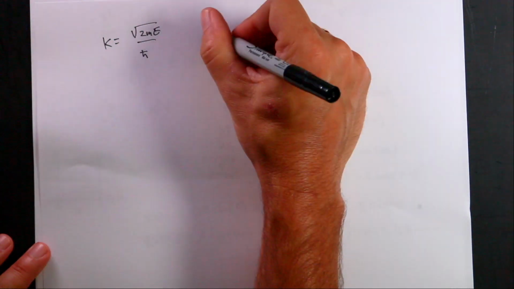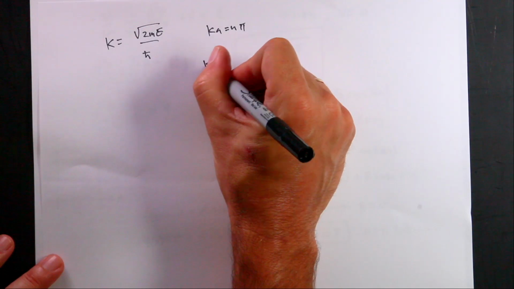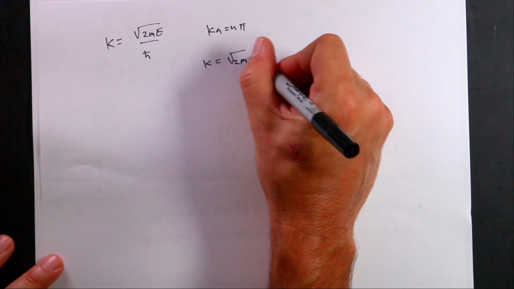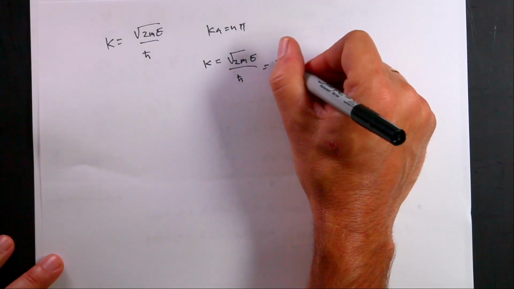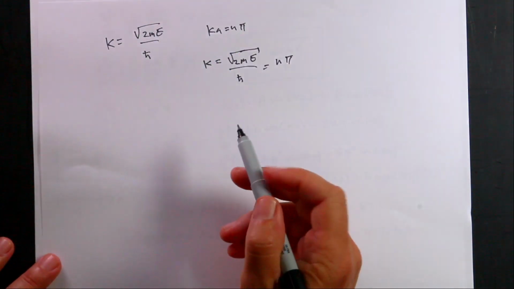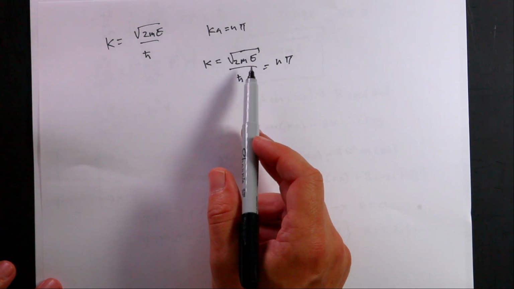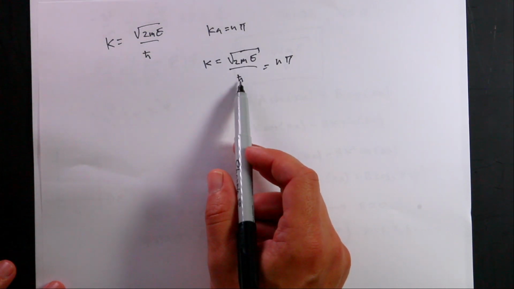So if I use ka equals n pi, then I get k equals the square root of 2mE over h bar equals n pi over a. That's all in the square root. And one of the things I want to do is to solve for E, right? Because this is going to give constraints on E. So let's square both sides and multiply by h bar.